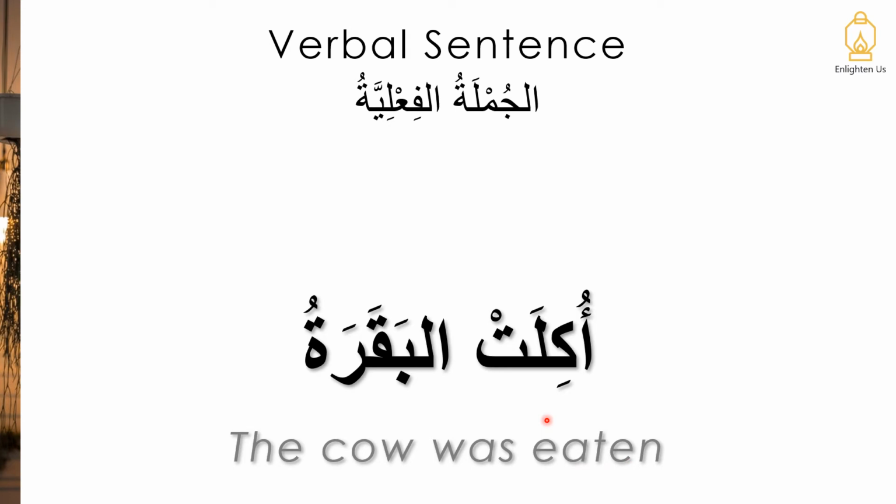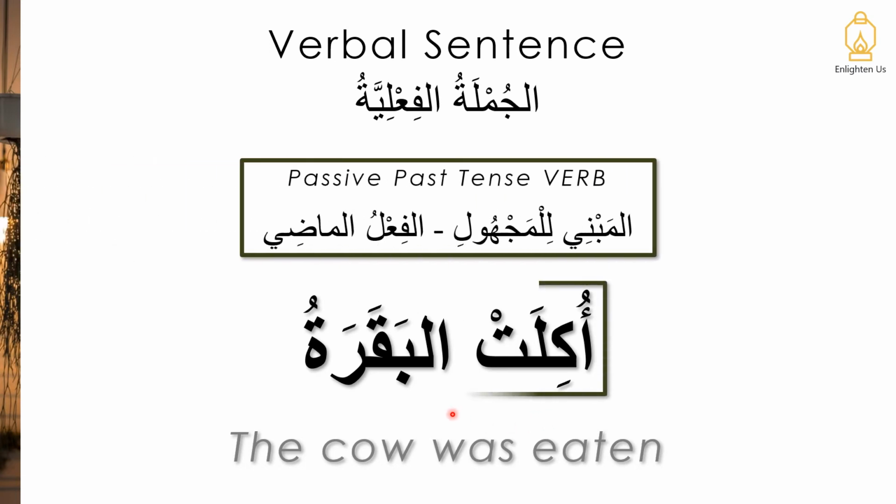The very point of passive sentences, if you recall, is that we don't know who the doer is. We know what or who has been eaten, but we don't know who has done the eating. So where is our fa'il? Where is our doer? Well, if we have a look at the components that we need, we have our fi'l here. Our fi'l madi mabni lil majhul, the passive past tense verb.